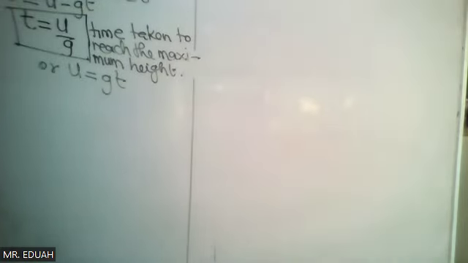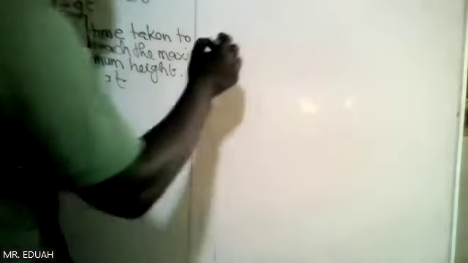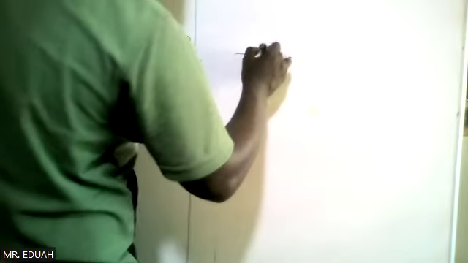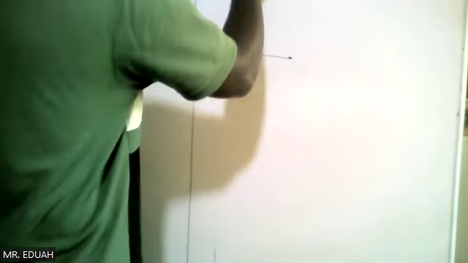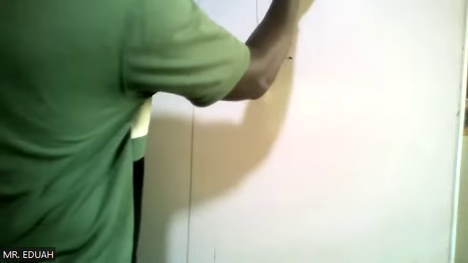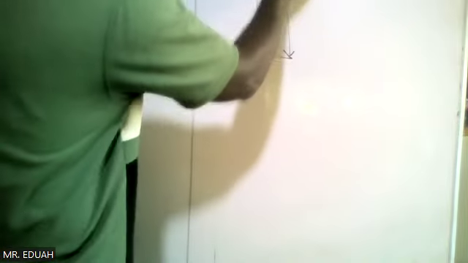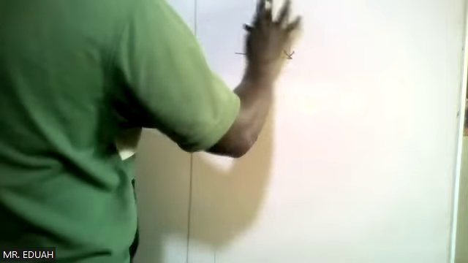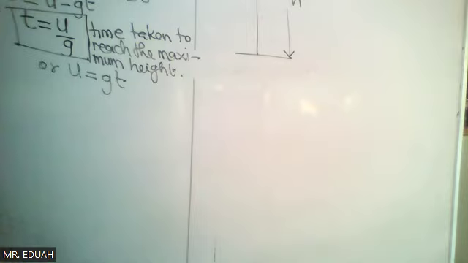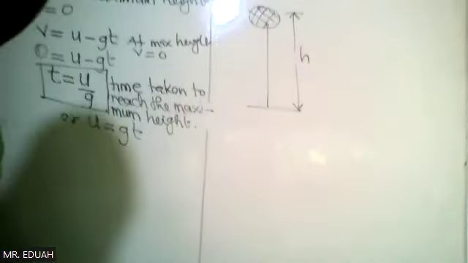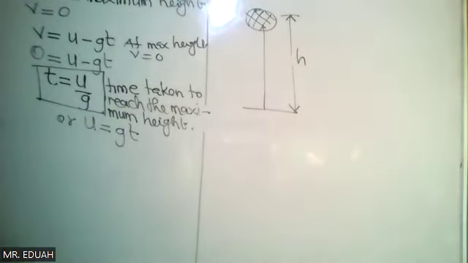Okay. What if the body is thrown from here and got to this point? I want the maximum height h it could reach. What is that simple formula for determining it?